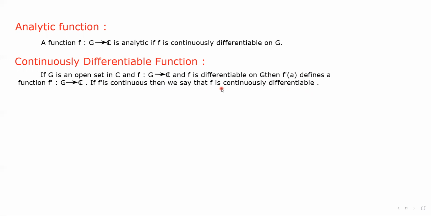What is continuously differentiable here? If f dash exists and it is continuous over that set, then we can say that f is continuously differentiable. There are two conditions here.